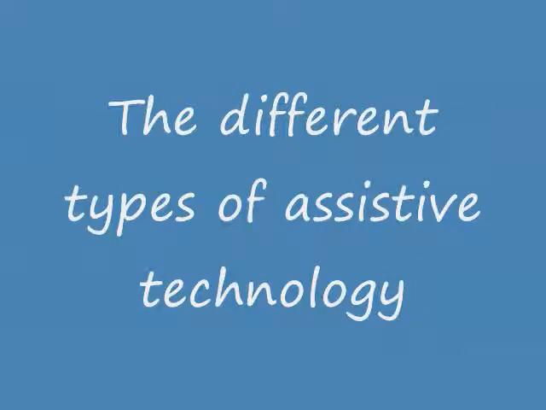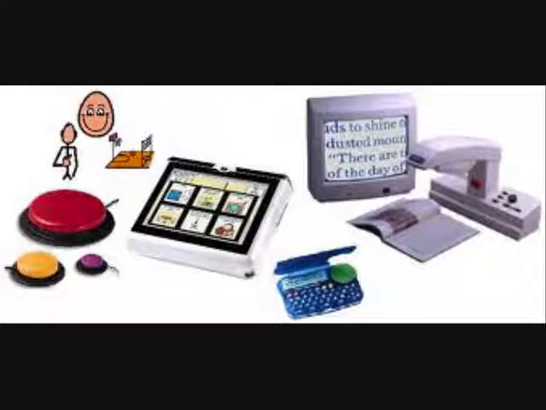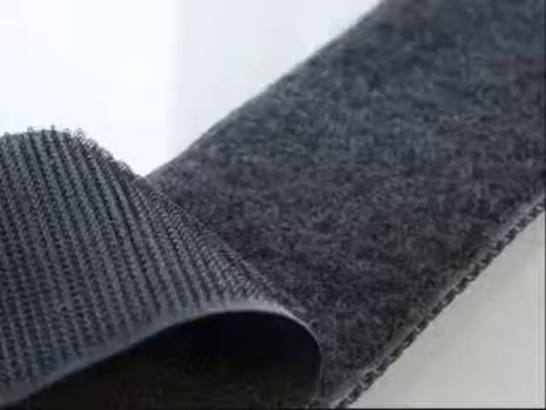There are literally thousands of items that can fall into this definition. Often when people think of technology, they think of only very high-tech products such as computers and high-tech communication aids, but the range of devices falls into a broad continuum of low-tech and non-electric technology as well.